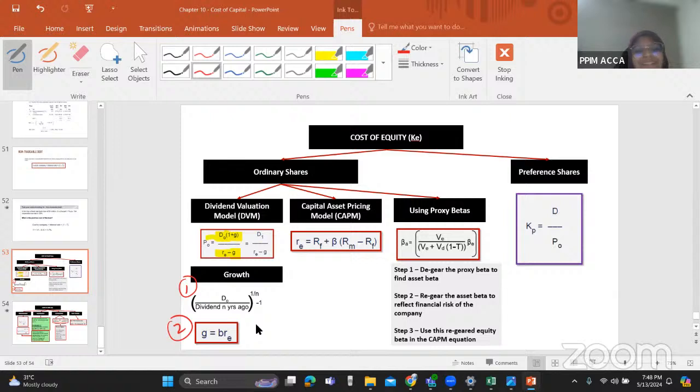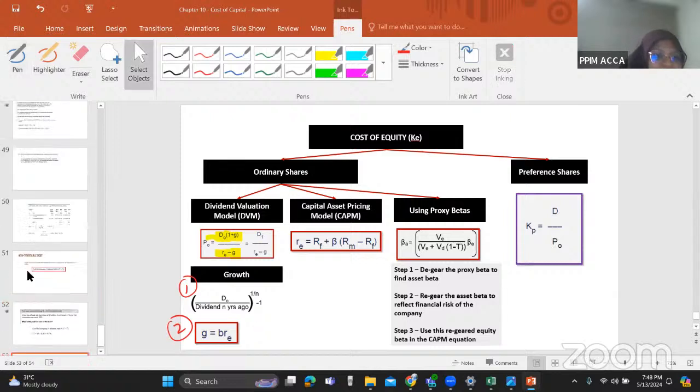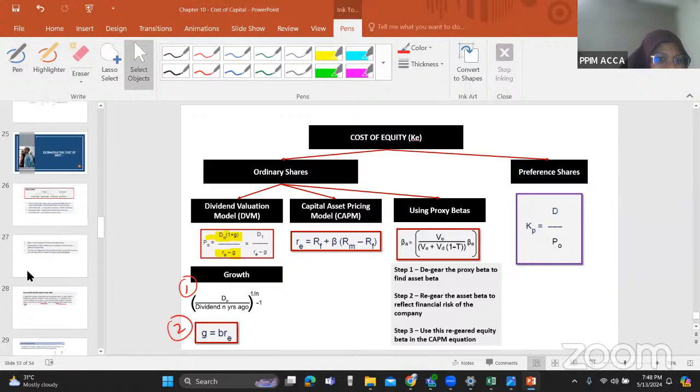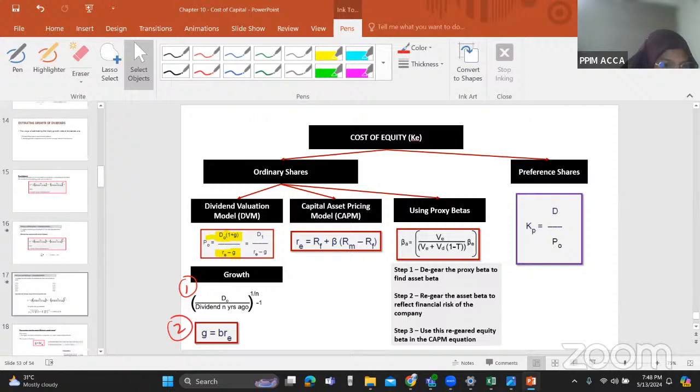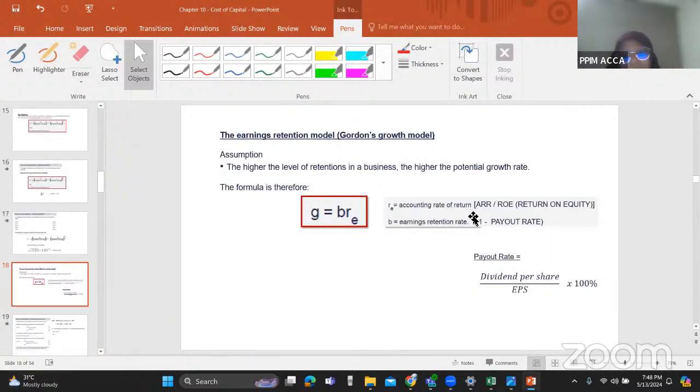So usually this retention rate and even the ARR, everything will be given in the question. So since I haven't given a breakdown, I'll show you this as well. Yeah. So RE is the accounting rate of return or the return on equity, and B is the earnings retention rate. So usually it should be given in the question.